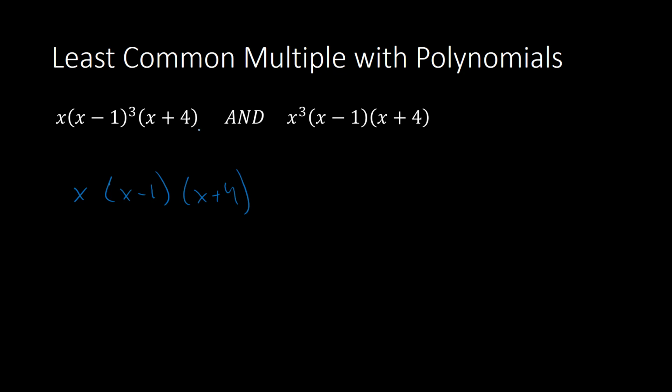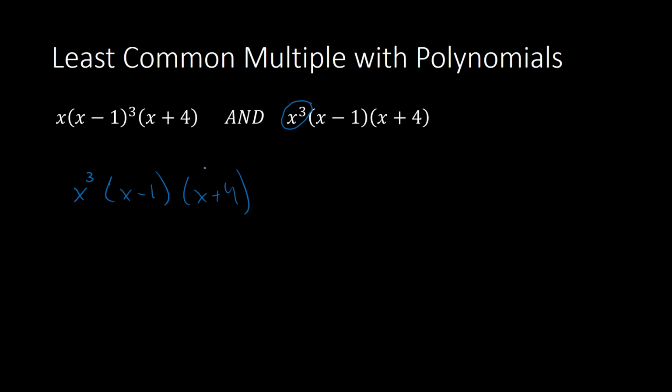And the question is, how many of each do we take? Well, once again, we see which one has the most. So over here on the left, there's only one x. Over here, there's 3 x's. So we take the one with the most, which are all of these 3 x's. So we take x cubed for the x portion.